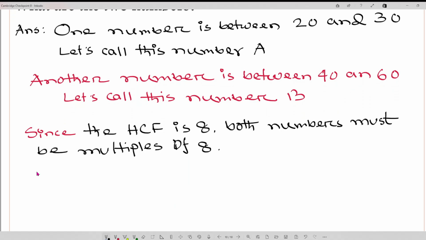So now look, numbers between 20 and 30 that are multiples of 8.